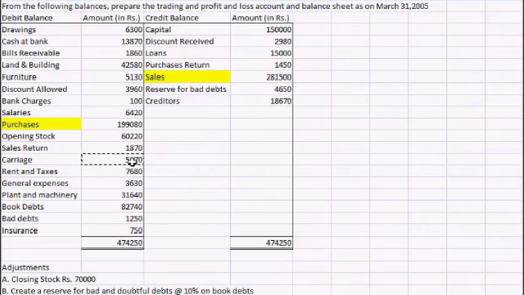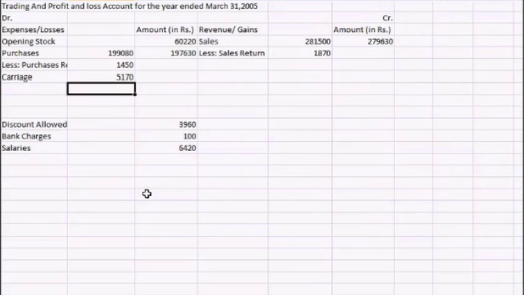I'm just using the benefit of Excel, but whenever a student uses a notebook, he should be very careful in writing the amount, because that can cause error.